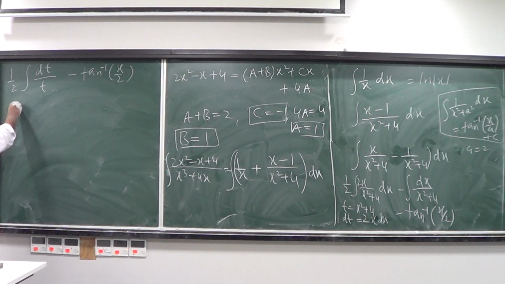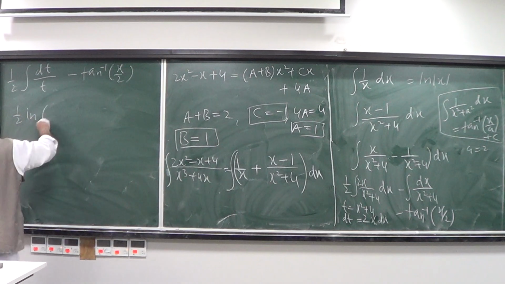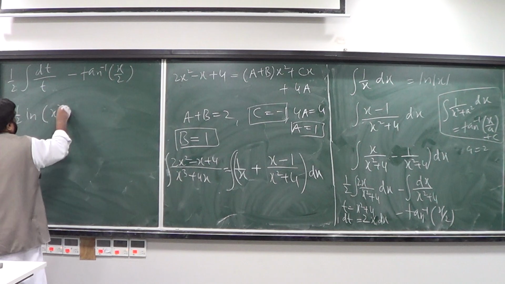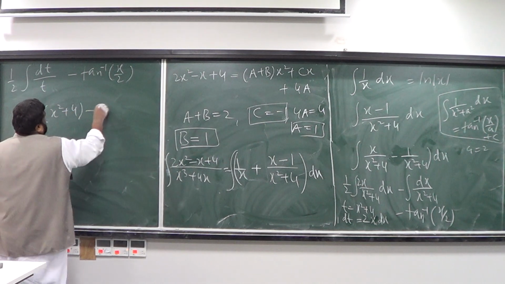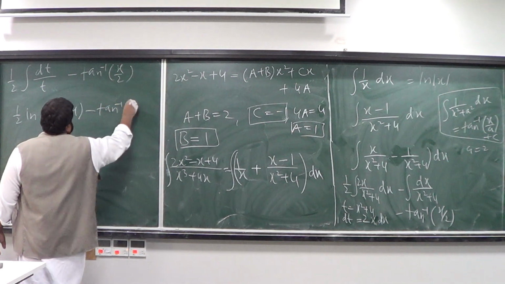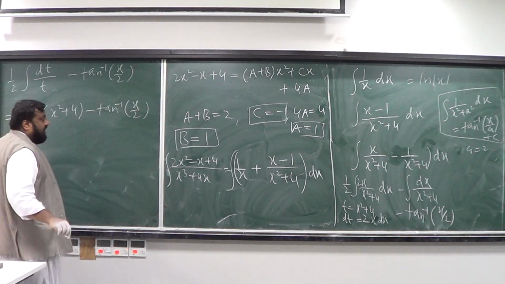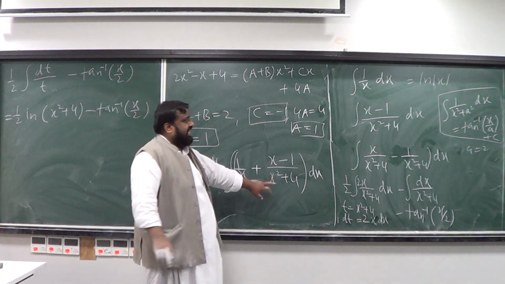So what would this be now? It's going to be 1 over 2 log t, and t is x² + 4. So 1 over 2 log of (x² + 4) minus tangent inverse of x upon 2. So this is the value of the second integral.